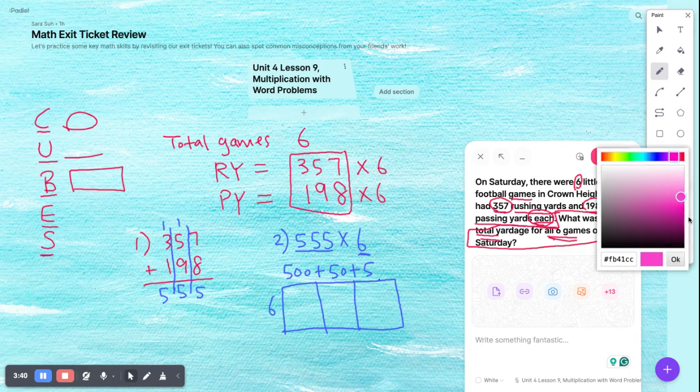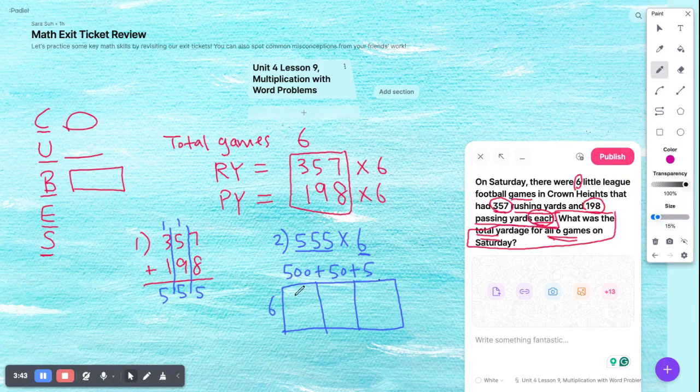Now, in each box, we're going to find the area, which we call the partial product. So I'm going to first multiply length times width, 6 times 500 for the first box. And remember, any number with zeros, when we multiply them, we underline the basic number and multiply that first. So 5 times 6 is 30. And I have to make sure that I add those 2 zeros. And it's 3,000.